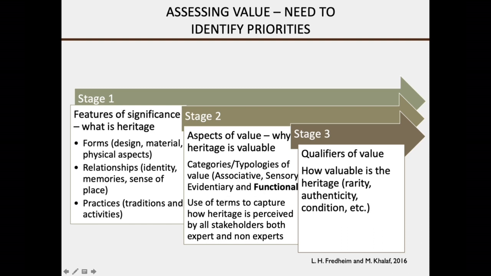What I want to emphasize here is the use of terminology, which tried to use terms that can be applied and used by both experts and non-experts, such as associative instead of historical or traditional, and evidentiary instead of scientific. It also tries to avoid using Western-biased terms, and instead they used sensory.